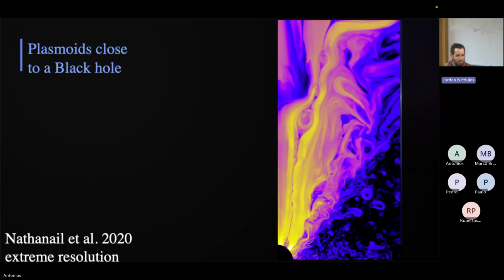Maybe stop here, or okay, only 2 slides. Plasma is close to the black hole. Here is the black hole. It's just magnetic reconnection. When you have magnetic reconnection, you are giving energy from the fields to the plasma, and you have a lot of energy. Why would this be even more important close to the black hole?